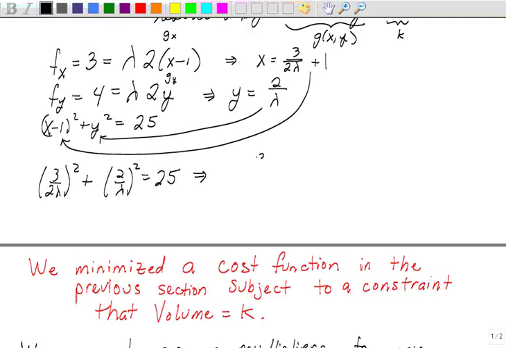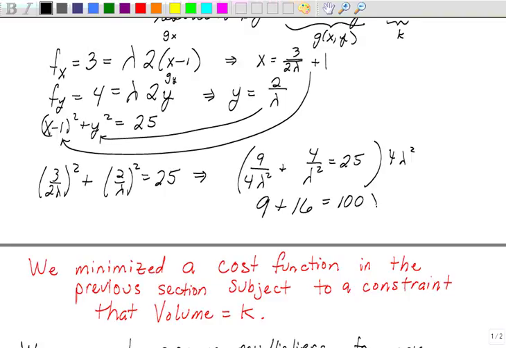So that's going to give us 9 over 4 lambda squared plus 4 over lambda squared equals 25. Multiplying through by 4 lambda squared, we get 9 plus 16 equals 100 lambda squared. So we have 1/4, that's 25 over 100. And that gives us lambda to be plus or minus a half. Okay, now we'll go back and substitute that in here for the x and the y.